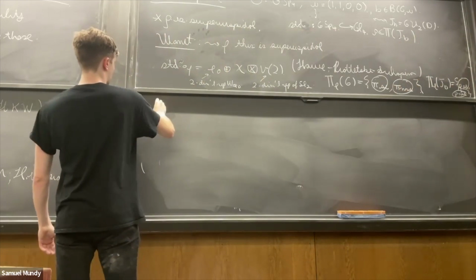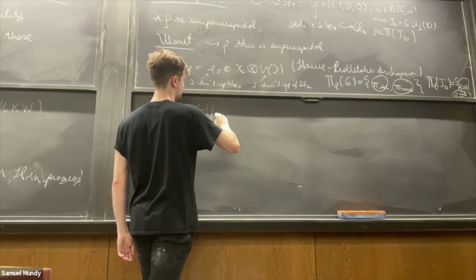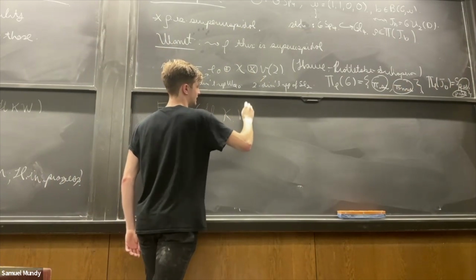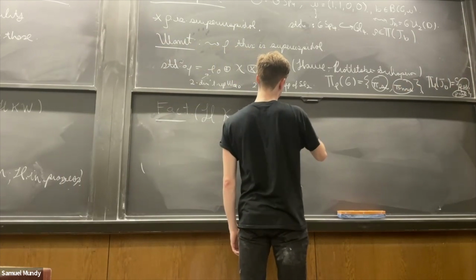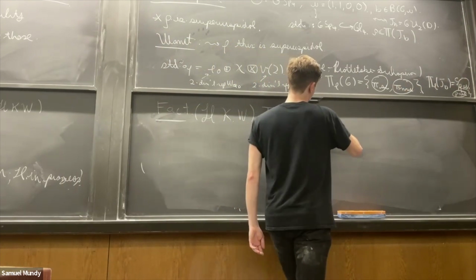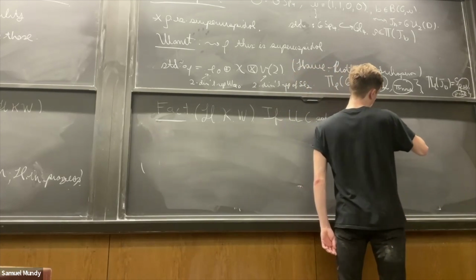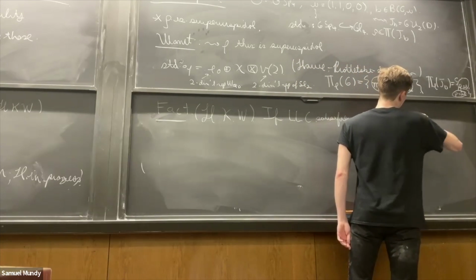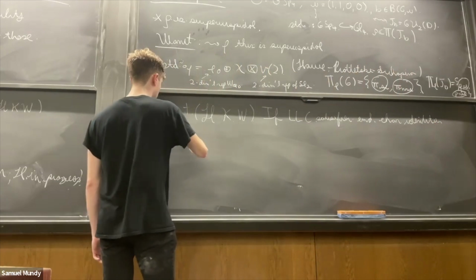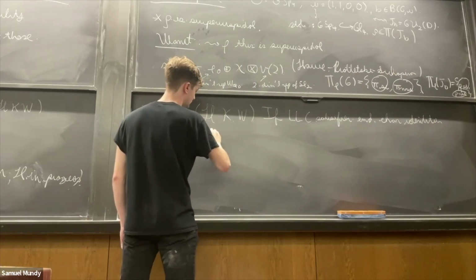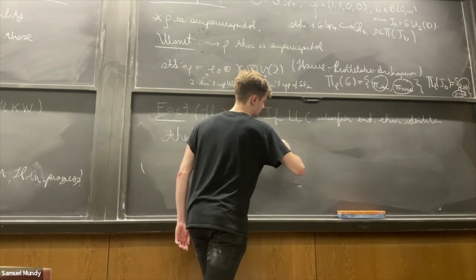And so I wish I could provide more detail on this, but it essentially reduces to the following fact, which is implicit in this paper of Hansen, Kaletha, and Weinstein, which is that if LLC satisfies the endoscopic character identities, then it follows actually that Fargues-Scholze is constant on L packets.